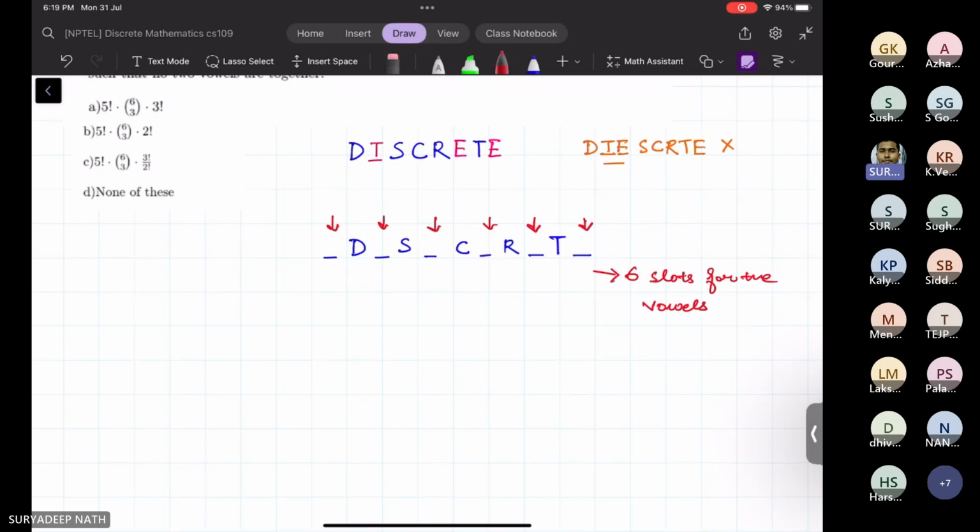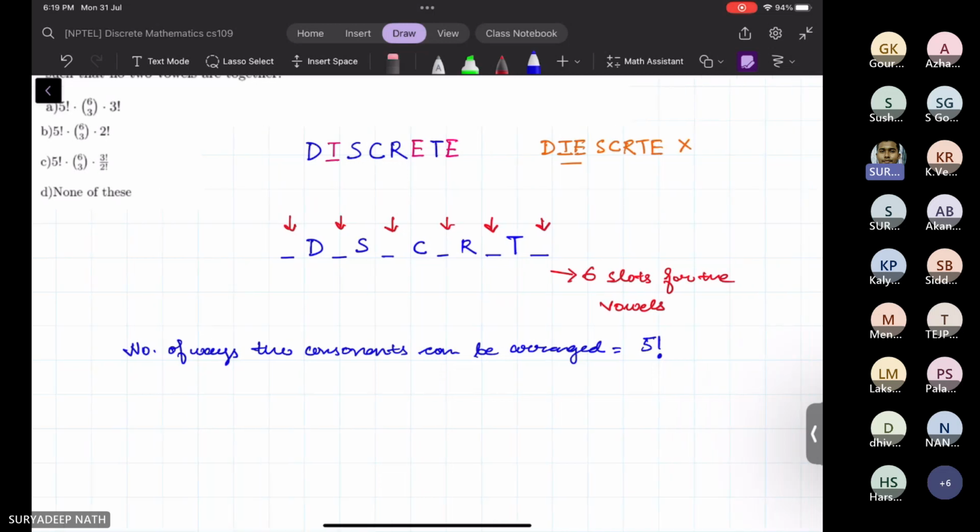Okay, so now the number of ways the consonants can be arranged: there are 5 consonants and you can arrange them in 5 factorial ways. So this is the number of ways you can arrange the consonants. So basically you play around with this DSCRT.